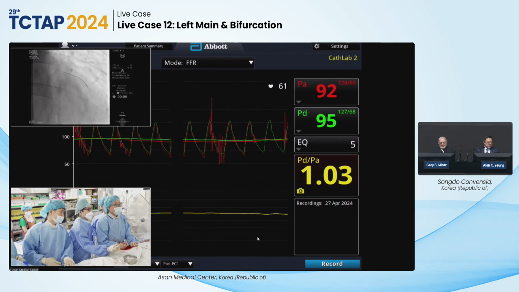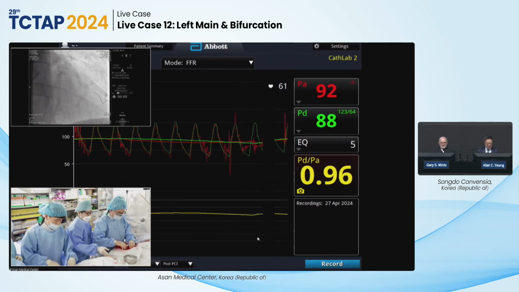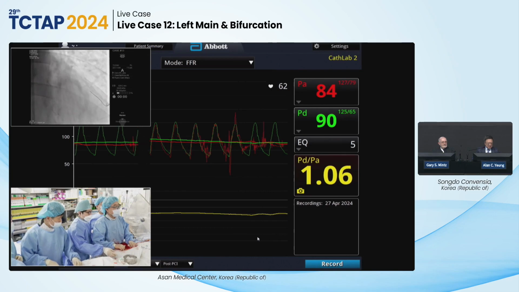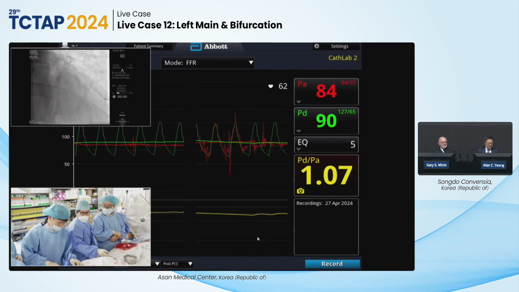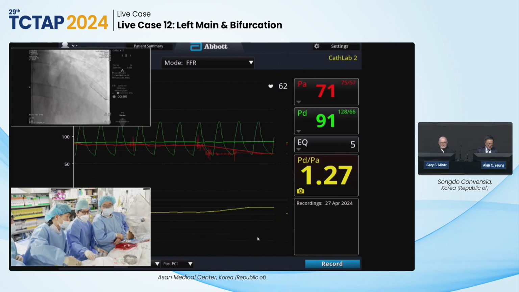I think you need to come more proximal. Yeah, okay, there you go. I'll remove the introducer, saline flush again. Right?